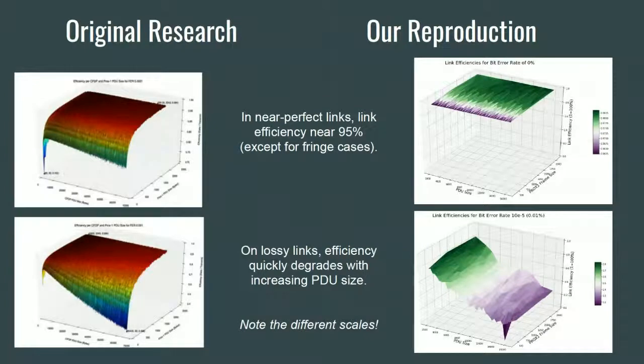And what's being compared here is actually, even though they're lossy links, this one is far lossier than this one. But in general, the trends also seem to check out in that there's a peak efficiency kind of in the back corner, which corresponds to smaller packets, and then it becomes dramatically less efficient as the packet size increases.